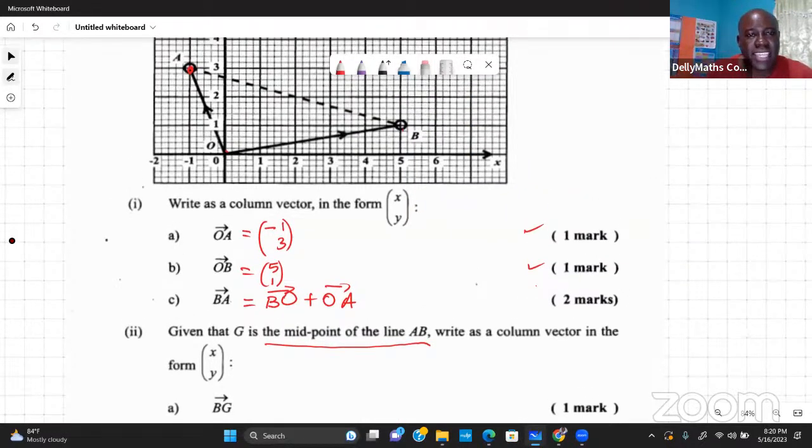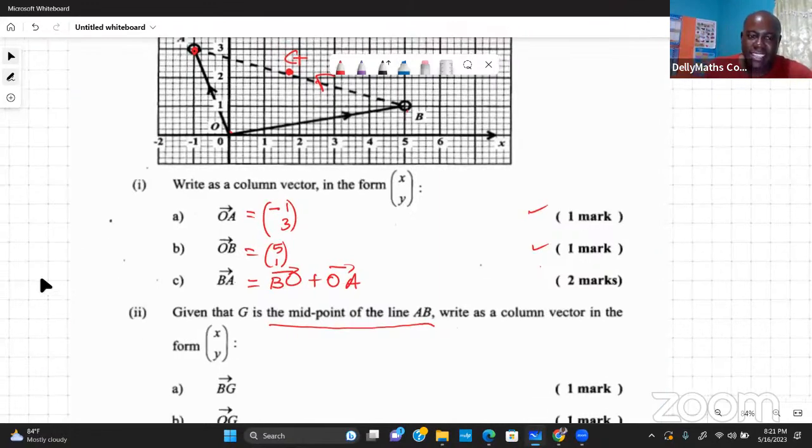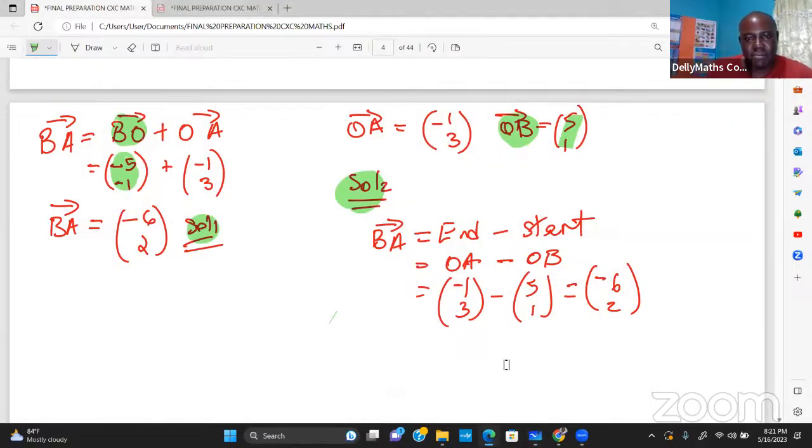So what they're suggesting is you have AB, somewhere here you have a G, and it is the middle of that. Now, if they ask me to find BG, remember we found BA already. We know what BA is, and they want me to move from B to G. B to G is halfway. So let's write this, BG.